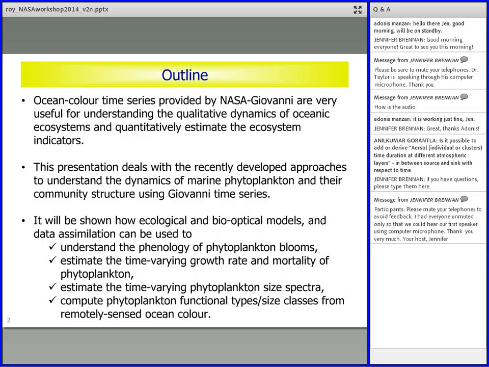Thirdly, to estimate the time-varying phytoplankton size spectra, which is related to their community structure. And finally, how to compute phytoplankton functional types and size classes from ocean color remote sensing data.